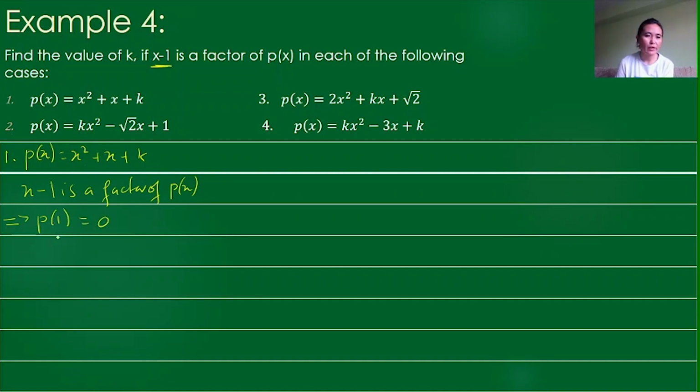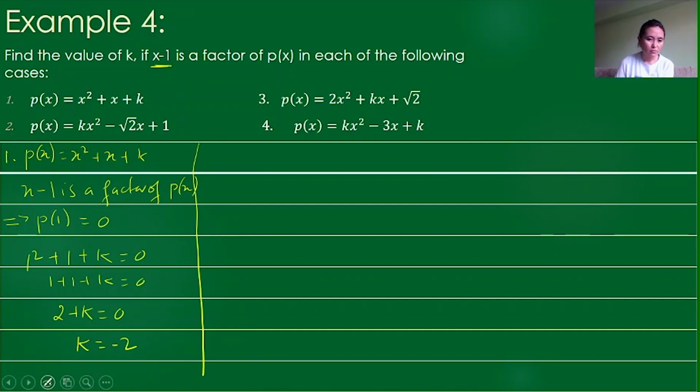Instead of x, we'll write 1. So we'll get 1^2 + 1 + k equals 0. 1^2 is 1, plus 1, plus k equals 0. 1 plus 1 is 2, plus k equals 0. Therefore, k is equal to -2. First one is done.